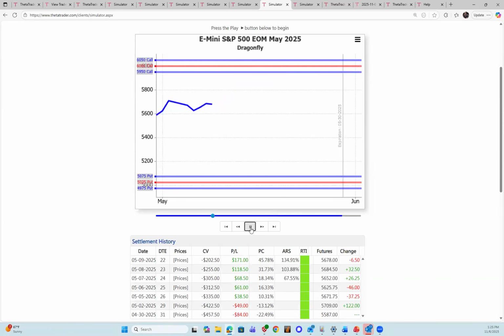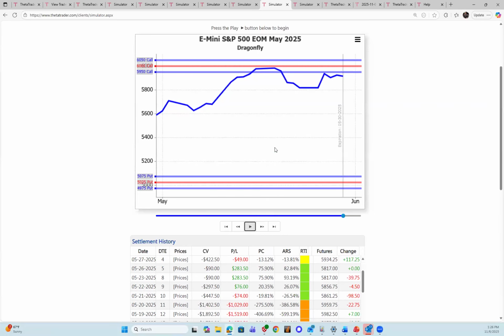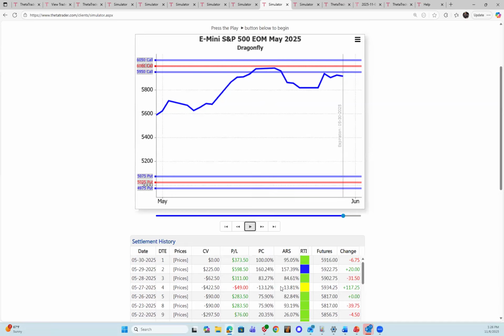The same exact contract. Instead of a condor, we're doing a dragonfly. You get elevated risk, but you end up getting a profitable trade out of it because this call here that you own provided enough of a hedge, just enough of a protection to allow you to stay in that trade and allow it to mature and allowed theta decay to actually work.